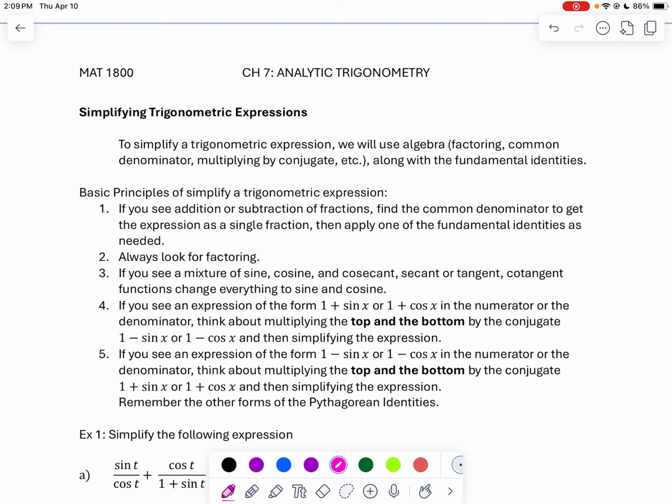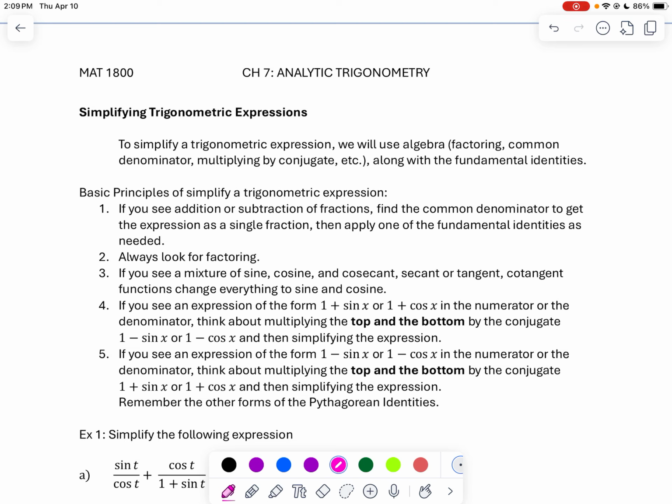So to simplify a trigonometric expression, we will use algebra, which means we can use factoring, we could be taking common denominators, we could be multiplying top and bottom by the conjugate, this type of stuff that we have been doing in algebra. And along with this, we might need to use some fundamental identities that I mentioned above.